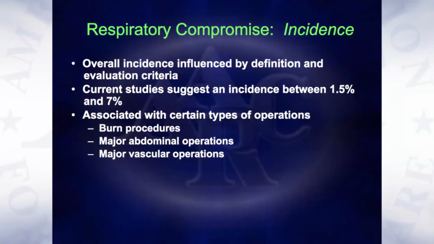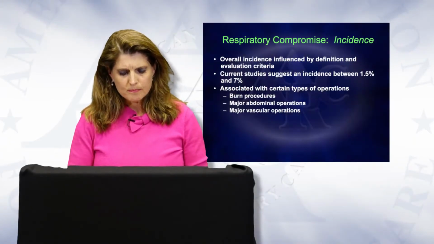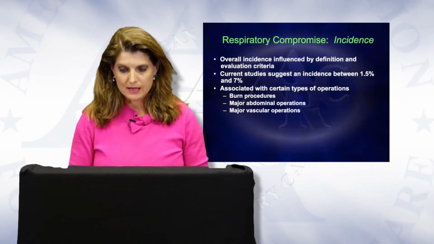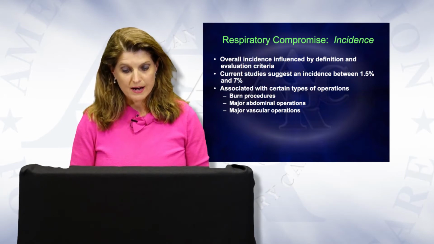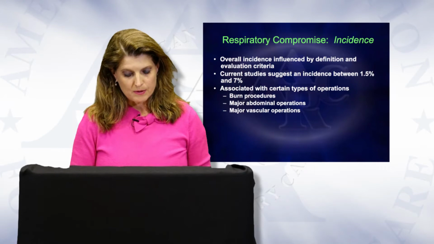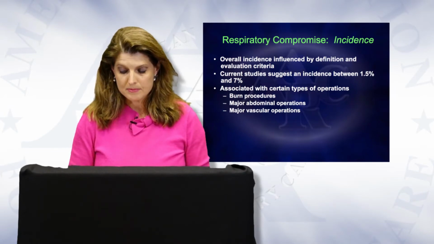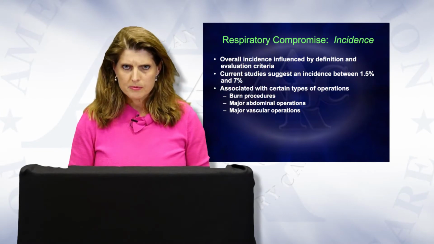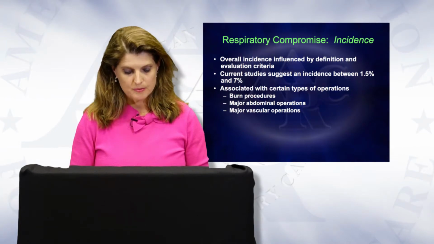While the overall incidence of pulmonary complications is influenced by the definition and criteria used for evaluation, evidence to date suggests that general post-op pulmonary complications are relatively common, occurring in approximately 1.5 to 7% of patients. Additionally, respiratory compromise is well known to be associated with certain types of operations, such as burn procedures, major abdominal operations, and major vascular procedures.